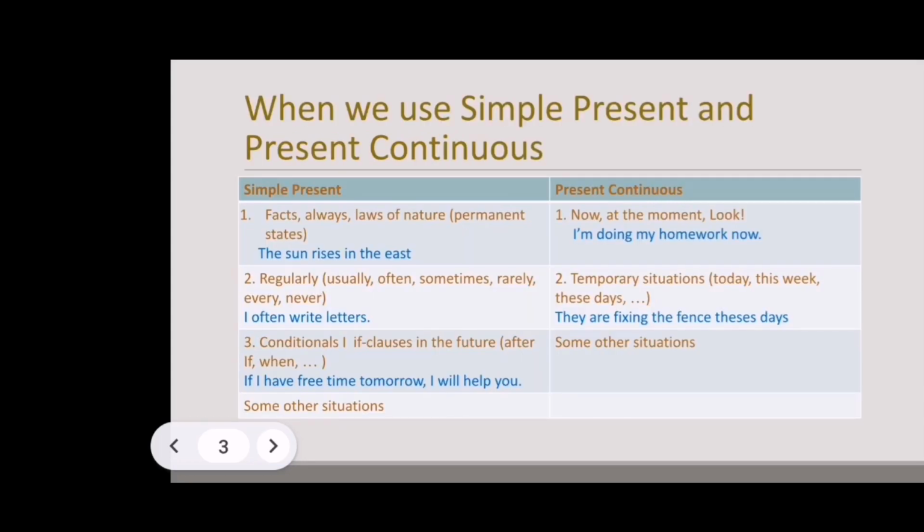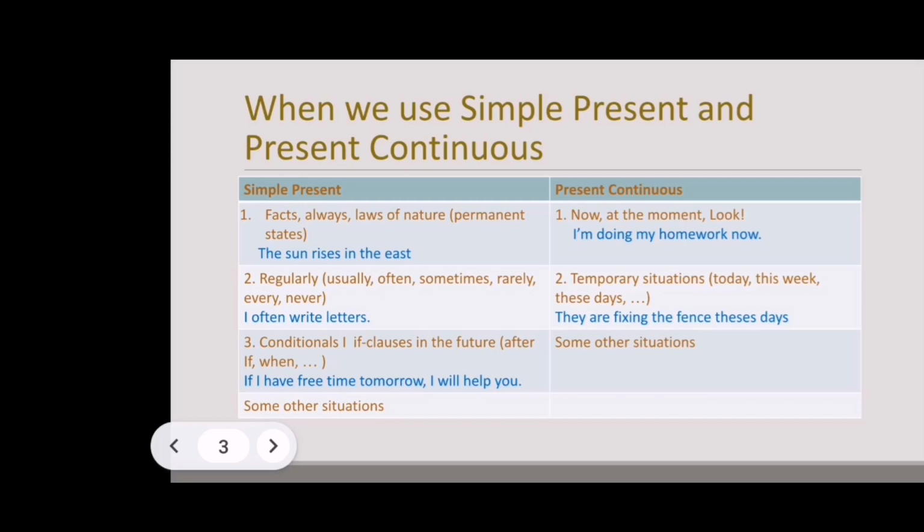I decided to start with the table showing us the difference when we use these two tenses, simple present and present continuous. So pay attention. Simple present is for facts, laws of nature, permanent states, for example, the sun rises in the east.